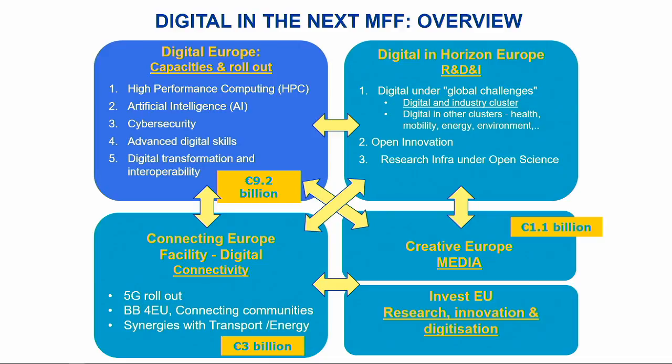But on top of that, we're going also to add something which is new, which is a Digital Europe program, where we are going to fund capacities which are essential and unique for Europe. And these are, for example, high-performance computing, artificial intelligence resource centers, cybersecurity centers, and so on and so forth. So we will have the three elements.